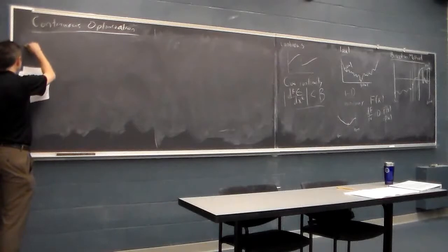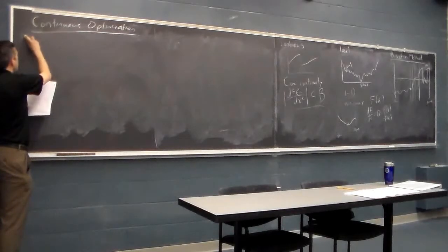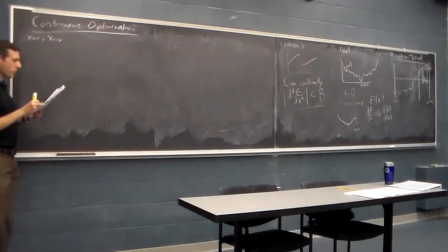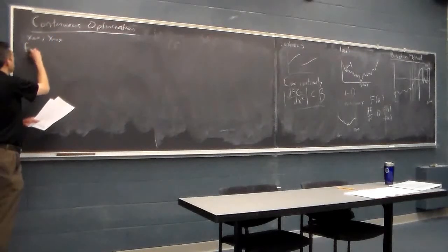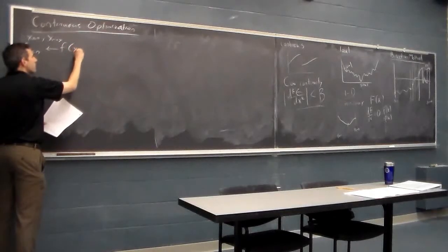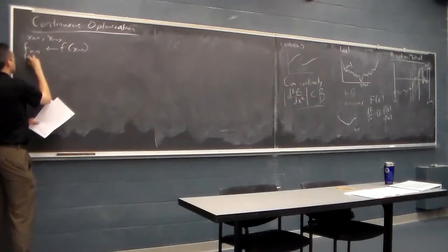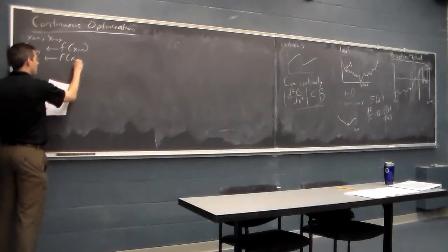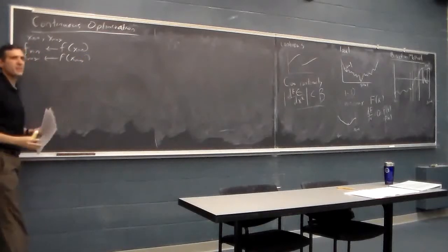So basically what we're going to do is we're going to say we start with some xmin and xmax, and the first thing we're going to do is compute what we'll call fmin, which is simply f of xmin, and fmax, which is f of xmax. So those are the values of our function on the interval.